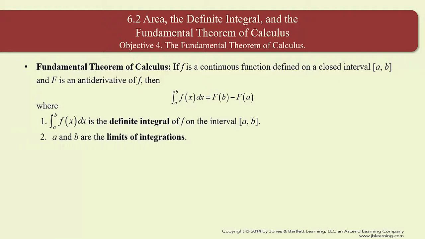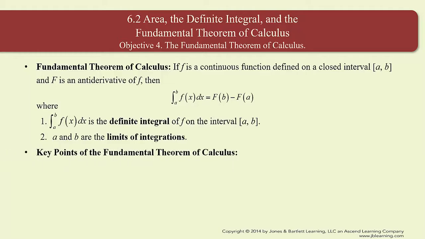And I'm mentioning again, a and b are collectively called the limits of integration. Just remember, a is the lower limit of integration, b is the upper limit of integration. It's the same a as in the square brackets there, the interval a to b. Those a's are the same and the b's are the same.